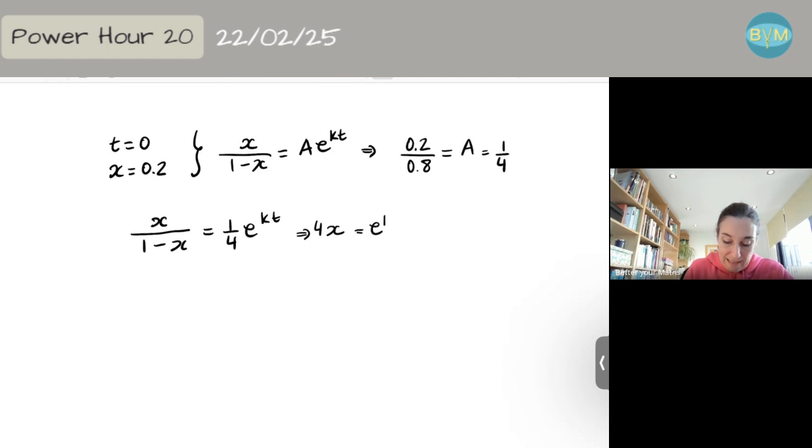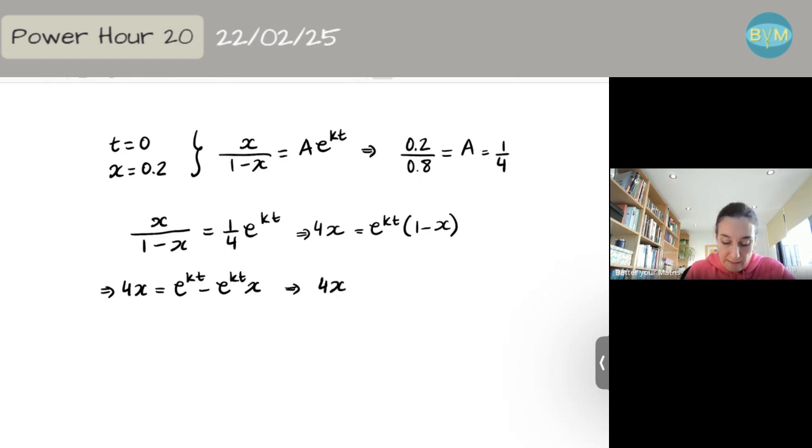So I have 4x equals e to the kt times (1 minus x), all in brackets because the whole denominator is multiplying. Please, if you don't see any of the steps, tell me. So I have 4x plus e to the kt x equals e to the kt, all the x's on one side.